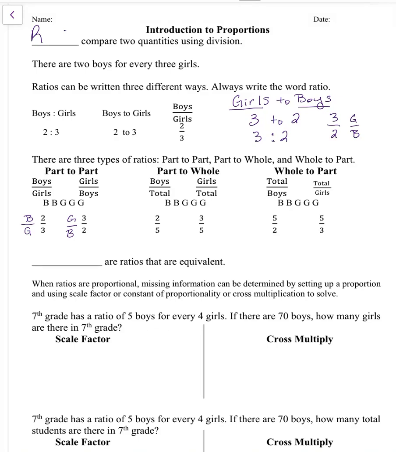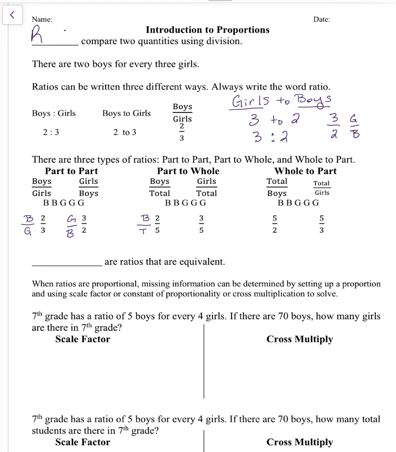All right, those are both part to part. Those are the 2 parts that make up our whole, make up our total. Okay? So our part to whole ratio is going to be boys to total or girls to total. So when we write that, this is 2, so that's the boys. And then 5 is the total. You can see right here, we have 1, 2, 3, 4, 5 all together, right?